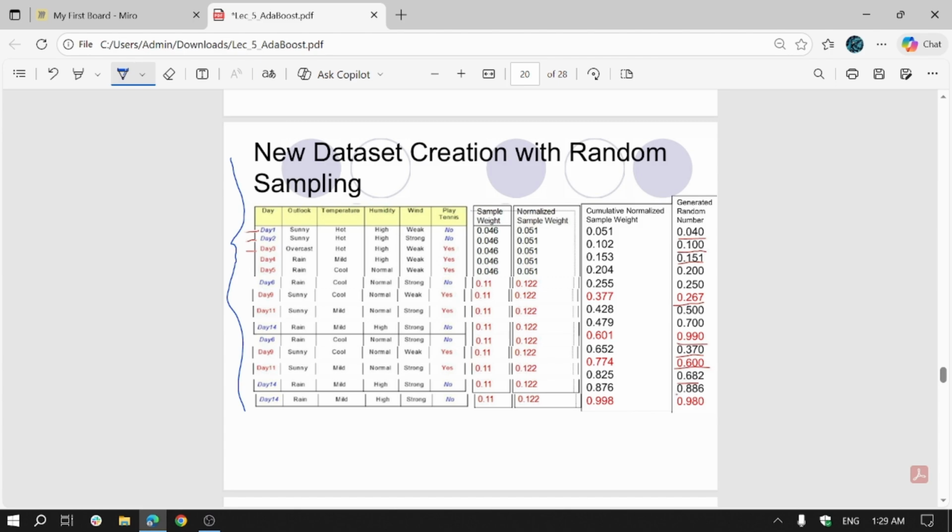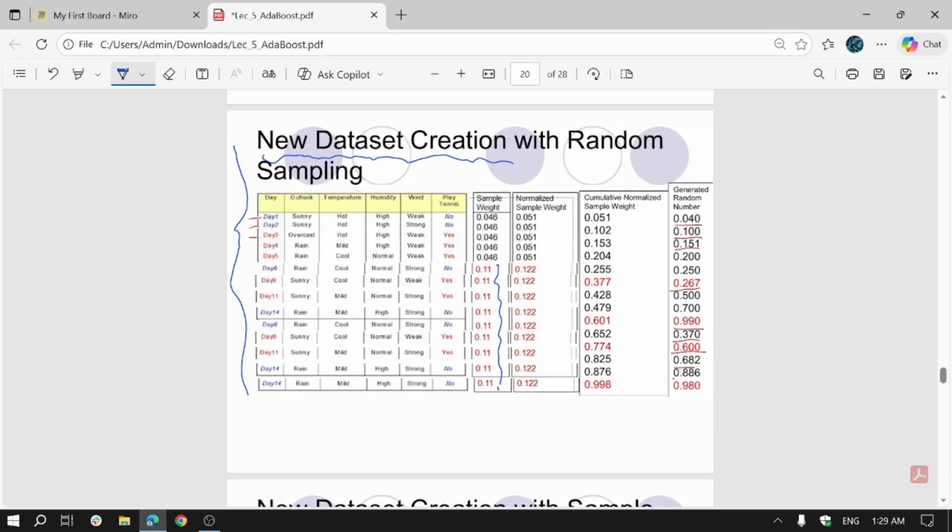In the last part, if you want to go for further simplification, you will see creating a new data set with random sampling. Here we give priority to the misclassified values so that they focus on correcting them. So we have taken a few data from the previous table, then we kept the misclassified data repeated.